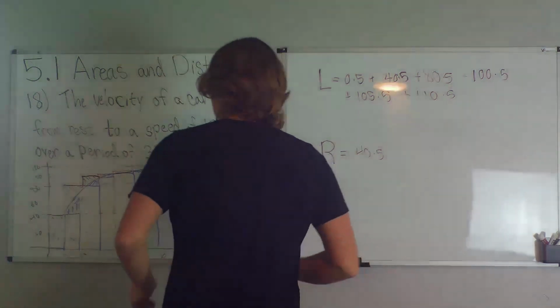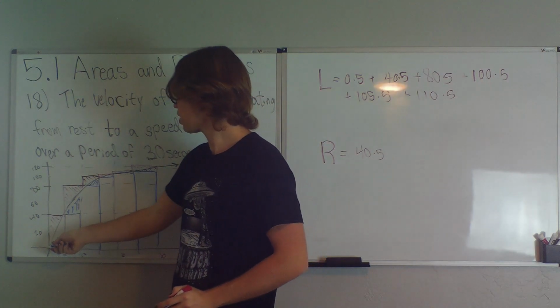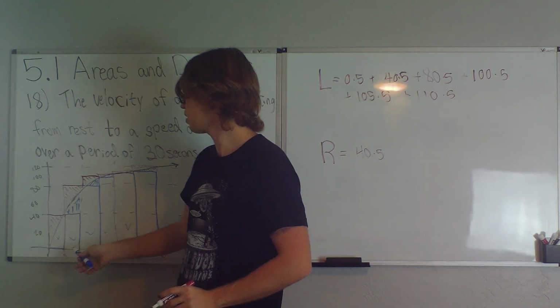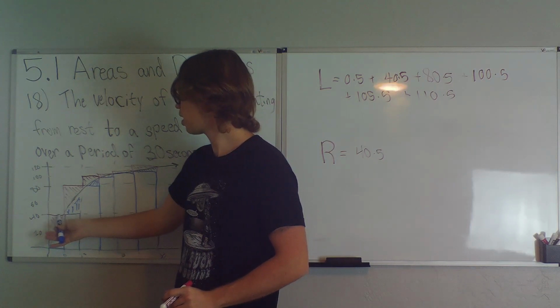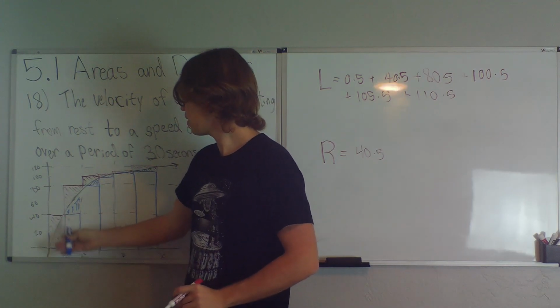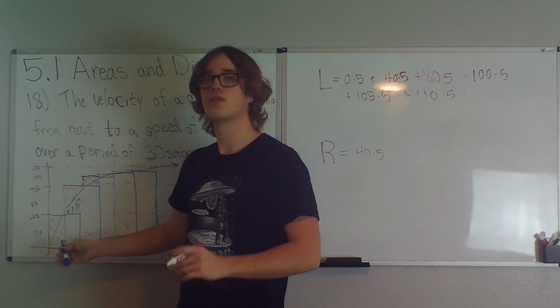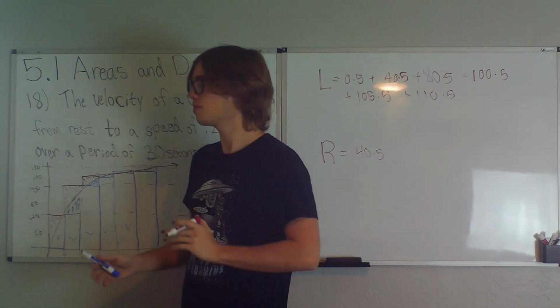And why do I say that? Well, that's because when we're doing our underestimations, we do it from the left-hand side, right? And then when we do our overestimations, we're doing it from the right-hand side. They're the same measurements. We're just doing them at different intervals.